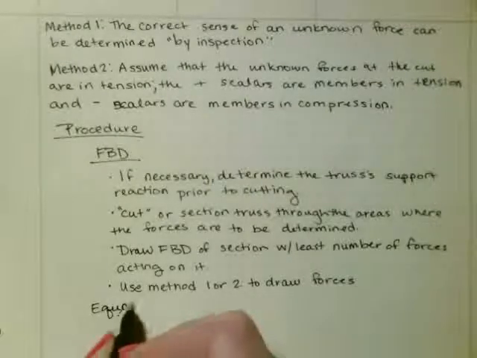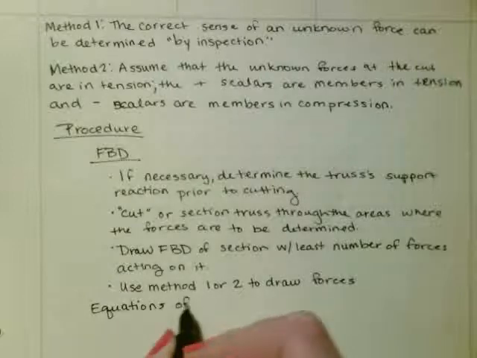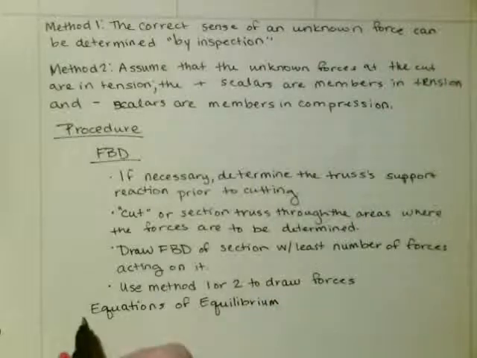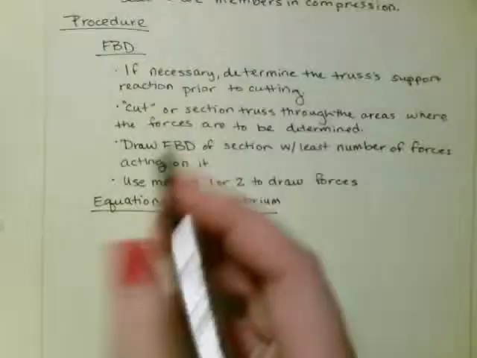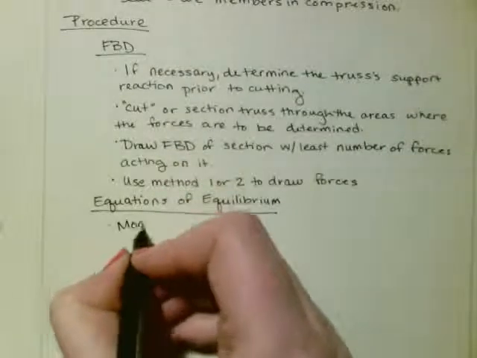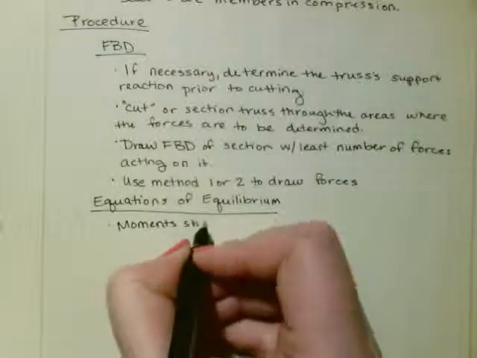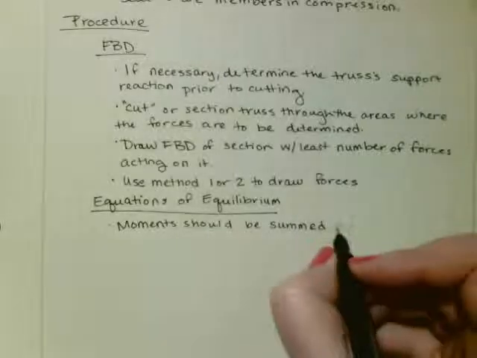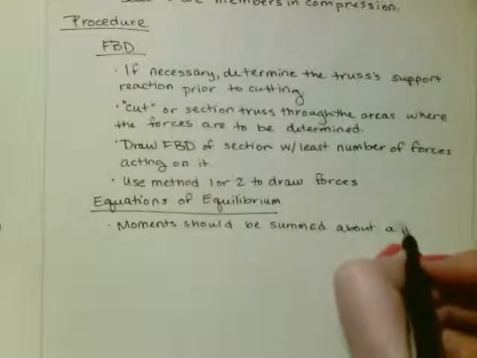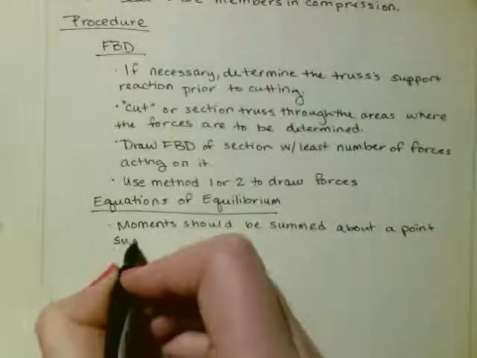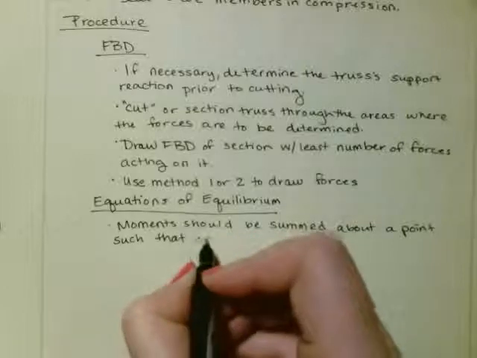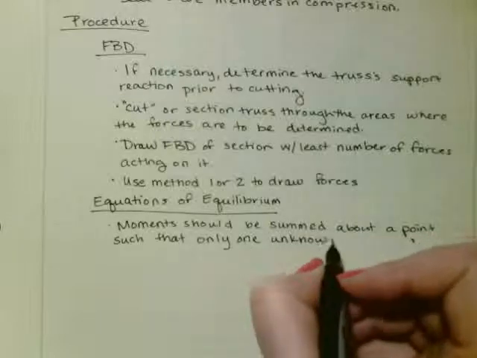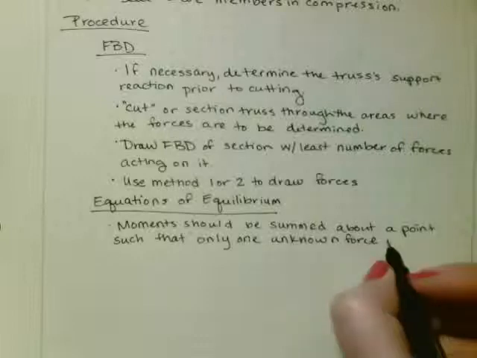Then you do your equations of equilibrium. Moments should be summed about a point such that only one unknown force forms a moment.